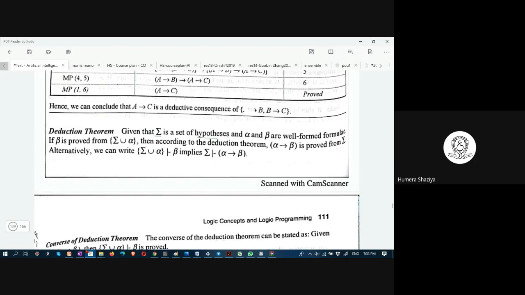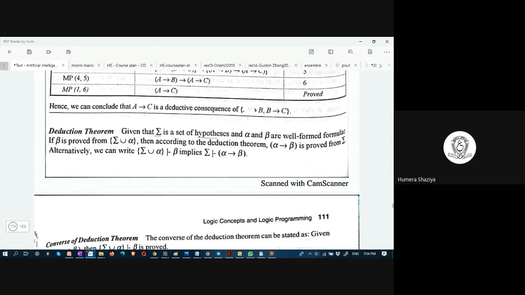If you can prove that beta is true from a set of hypotheses union alpha, some set of hypotheses, it can be B implies C, C implies D, A implies B, A implies C, is a set of hypotheses union alpha. If you can prove this, then this can also be proved.